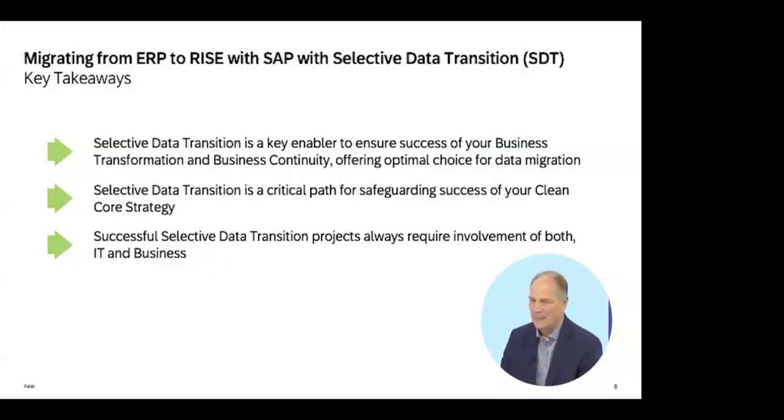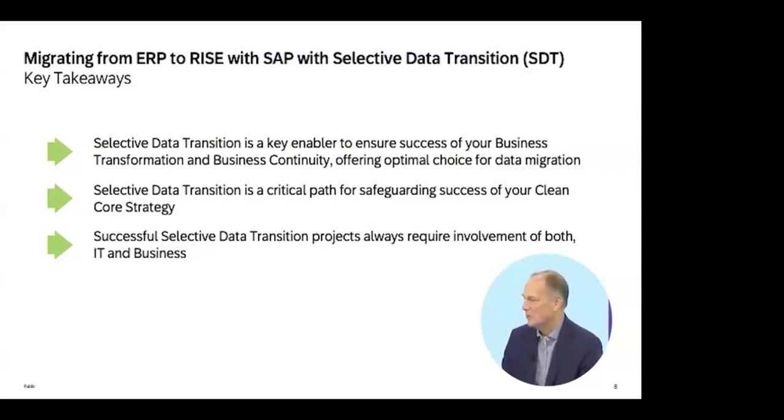Let's summarize a little bit with some of the key takeaways before we go into the Q&A. We learned that selective data transition can be a key enabler for a move, a transition, a business transformation of a company. We also found out that, of course, it is a critical path that helps you safeguard your success, and there are measures you can take in order to reach clean core and become really a company in the cloud.